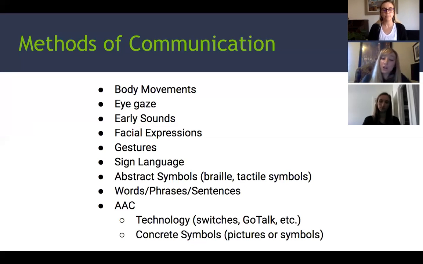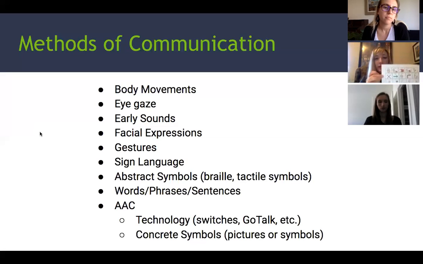And then concrete symbols would be pictures of the actual thing. So a picture symbol would be like a symbol like this, or a picture of an actual physical banana would be the concrete symbol.